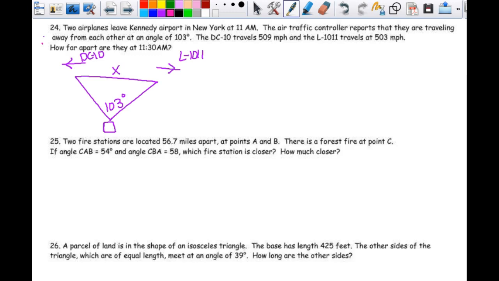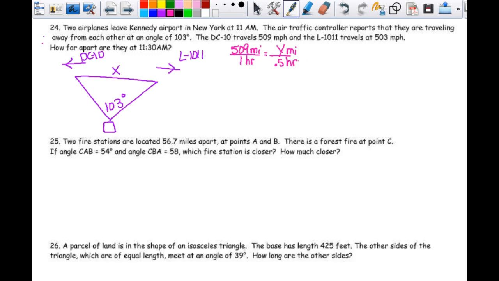So for the DC-10, if it's 509 miles in every 1 hour, then I want to know how many miles. I probably shouldn't use X because there's an X there. We'll call that Y. Y over, I want to know how many miles in half an hour. It's just a simple rate.